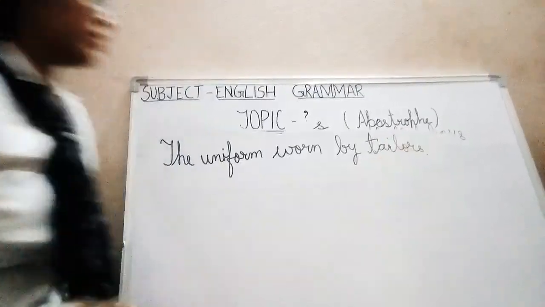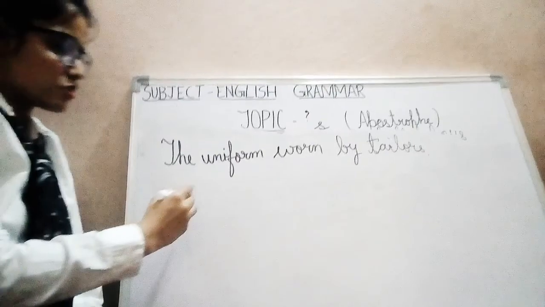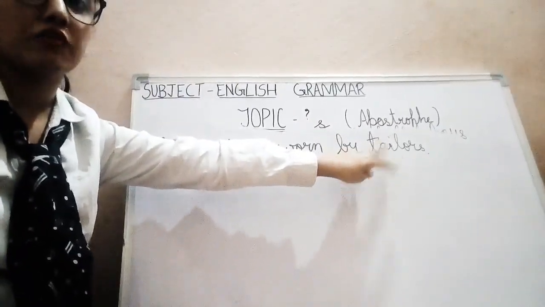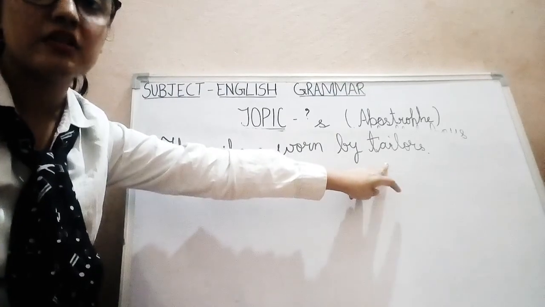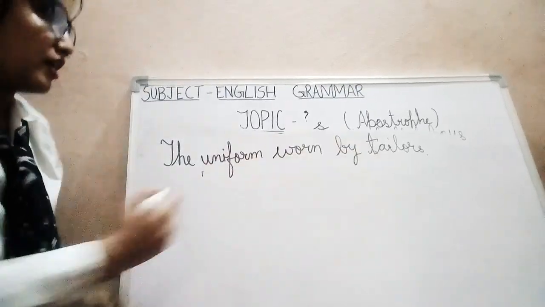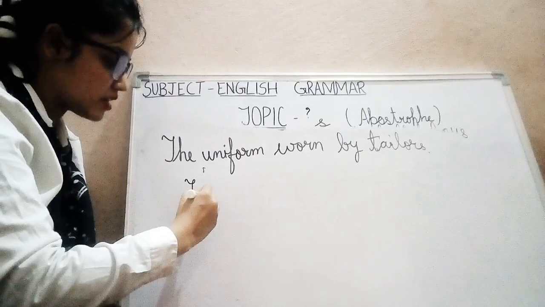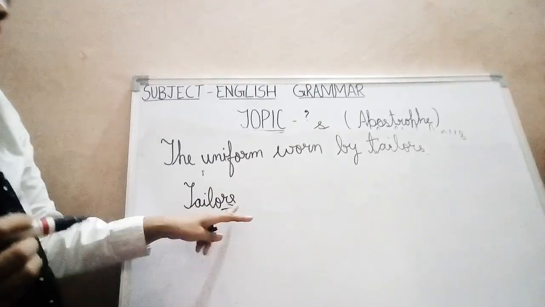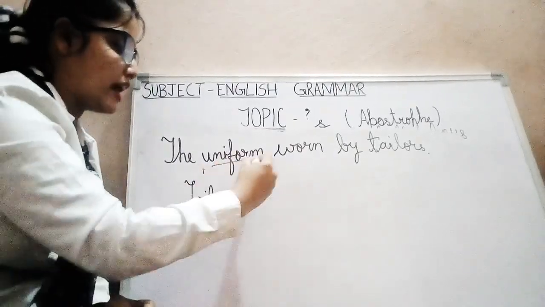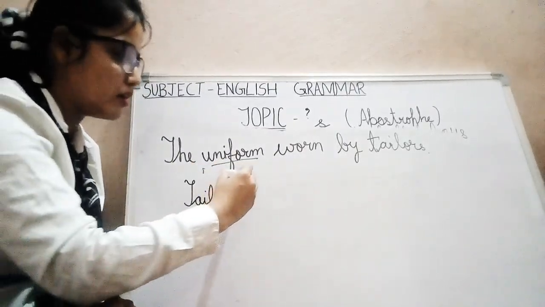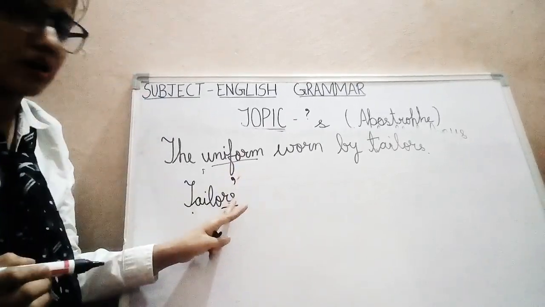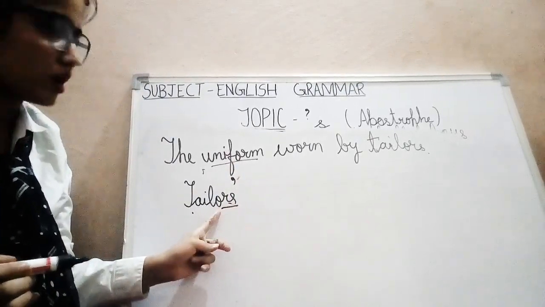Okay, so the uniform worn by tailors. So here the uniform belongs to whom? Tailors. So first of all we would write the name of the person to whom the thing belongs. So who possesses the thing? So tailors, as this word is already ending with S. So to show that the uniform belongs to tailors, we simply put an apostrophe sign very close to this word. Mind it, very close to this word.